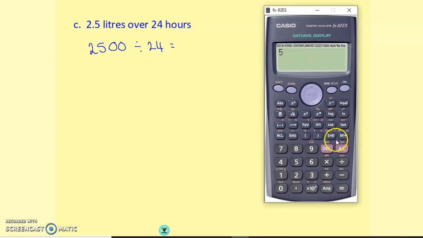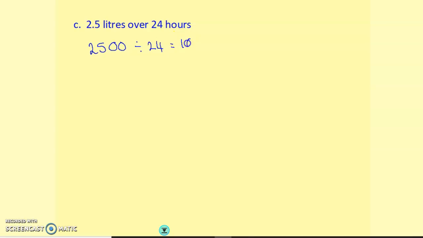Two and a half litres over 24 hours, 2.5 litres, 2.5 times 1,000 is 2,500. Divide that by 24. 104.16666. Next to 2 decimal places would be 104.17.